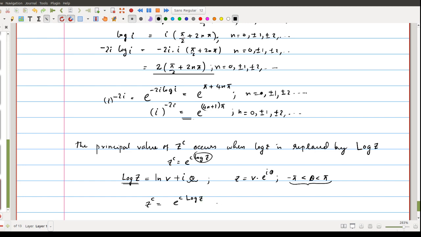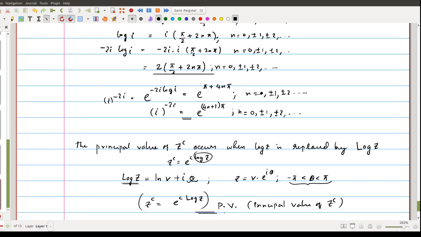This is what we call the principal value, and it is denoted by PV, principal value of z raised to c. So this is what we call the principal value.